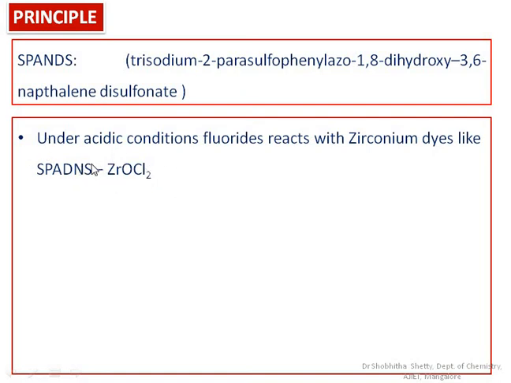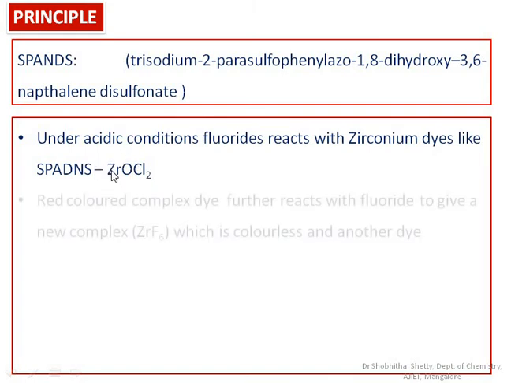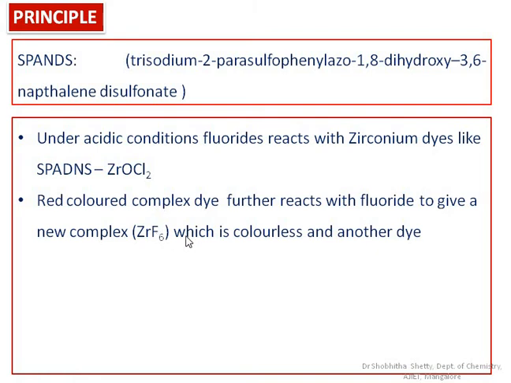When this is added to the water containing fluoride, the fluoride reacts with the complex and dissociates it into another colorless anion, that is the ZrF6 form. This is a new complex and it is colorless. As the fluoride ion concentration increases, the formation of the new complex increases, as does the color change.